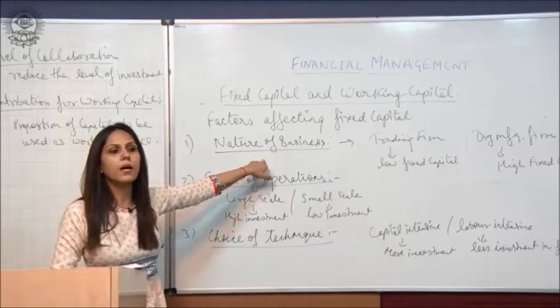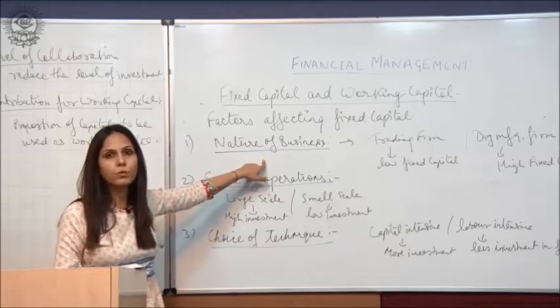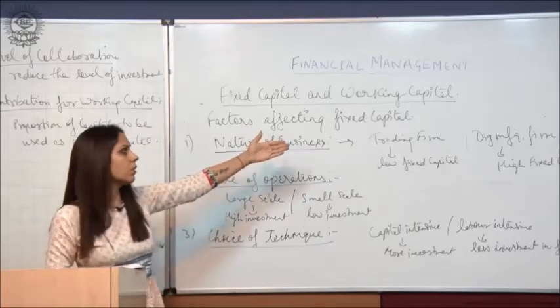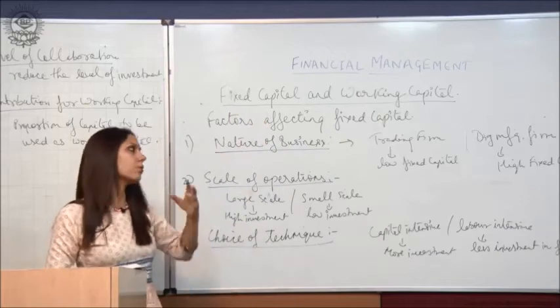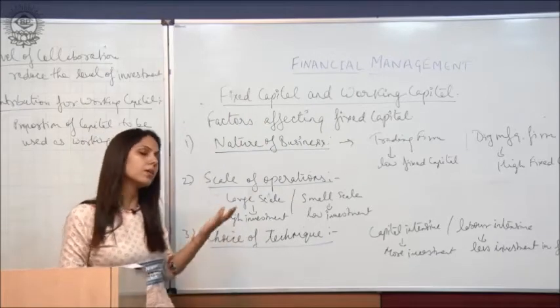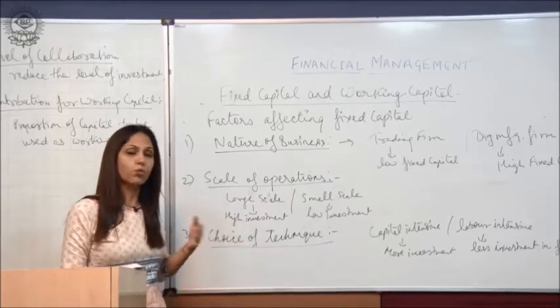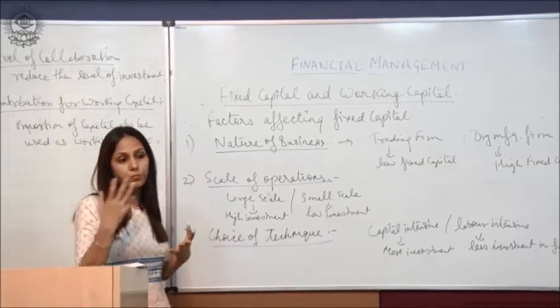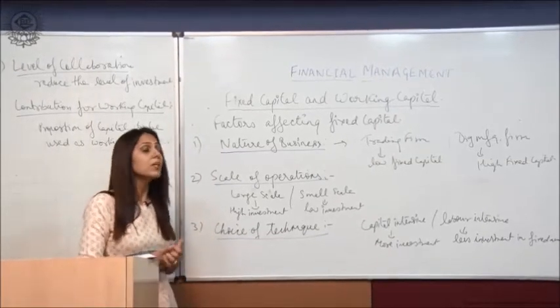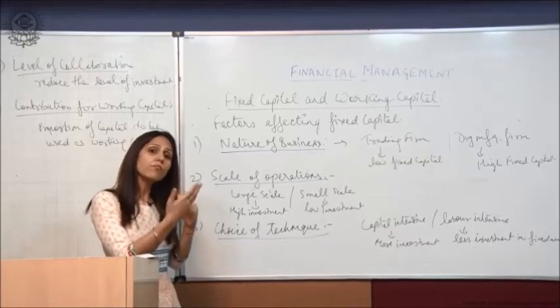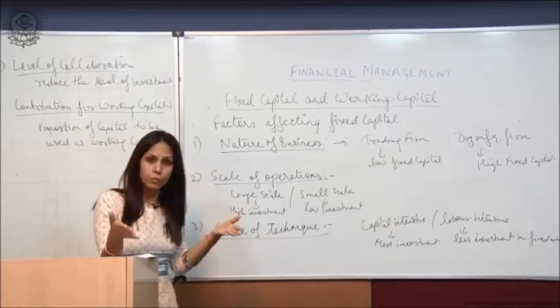Some are manufacturing firms, some are trading firms, there are certain companies which are sole proprietorships, some are joint ventures, right? So there are different natures of business or different natures of firms, fine.